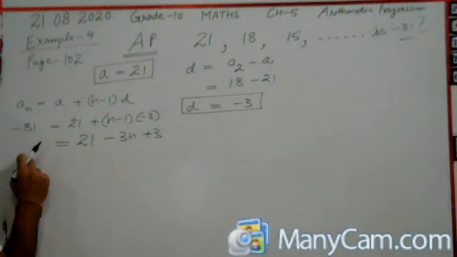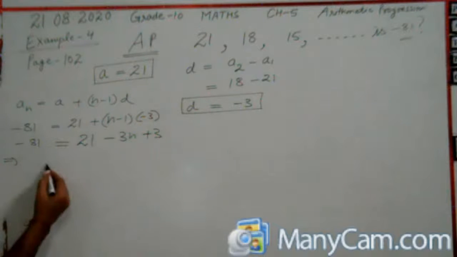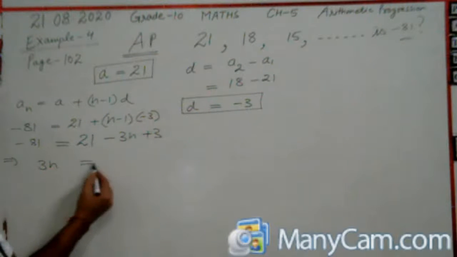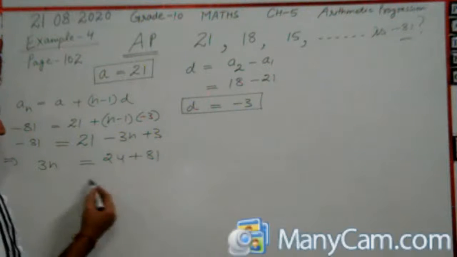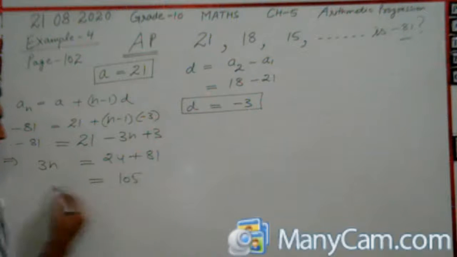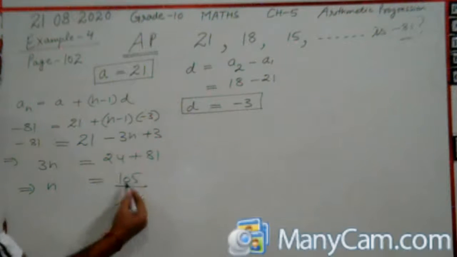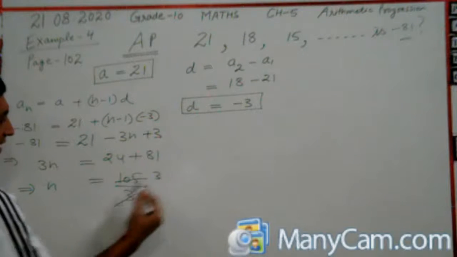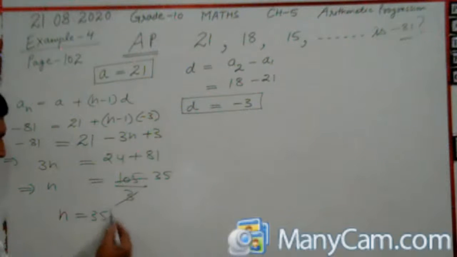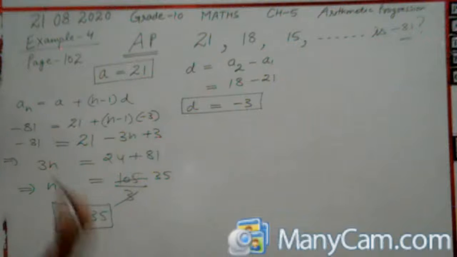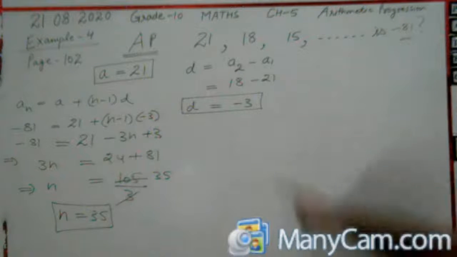Minus 3n, if I interchange it, I am taking 3n positive to this side. This is 24 plus 81, that is 105. So what is n? This implies that n is 35: 3 ones are 3, 3 threes are 9 and 3 fives are 15. So what does the value of n mean? It means that minus 81 is the 35th term.